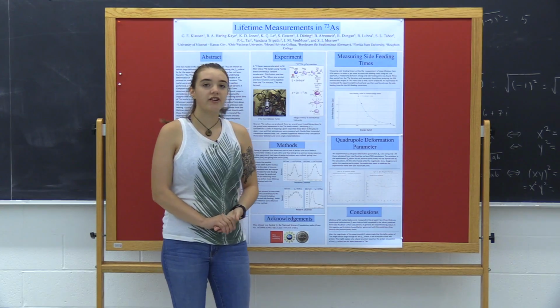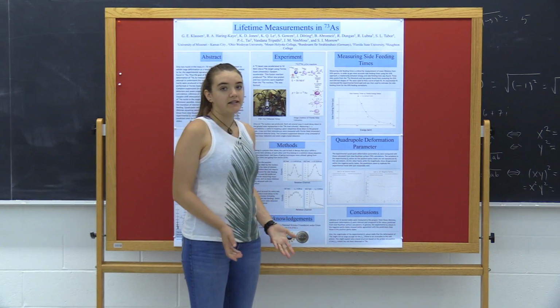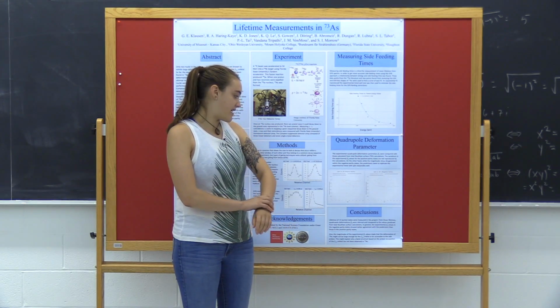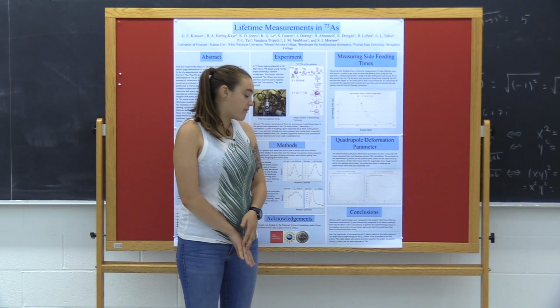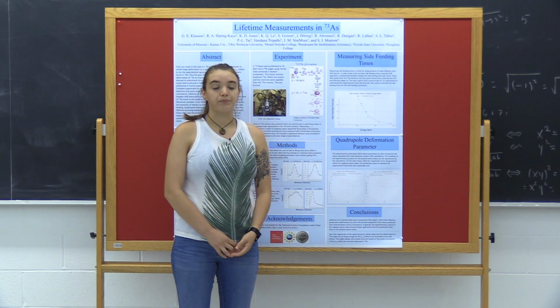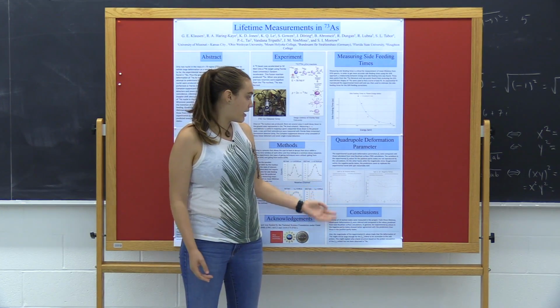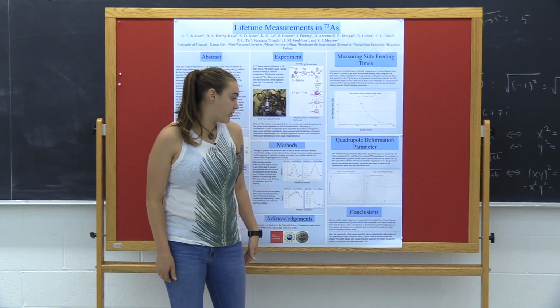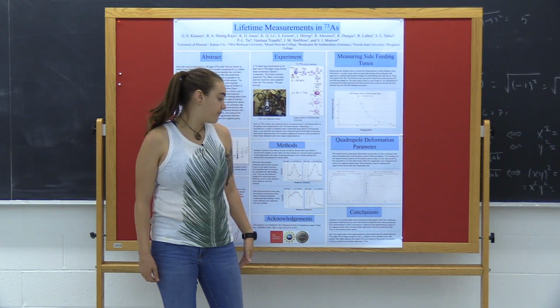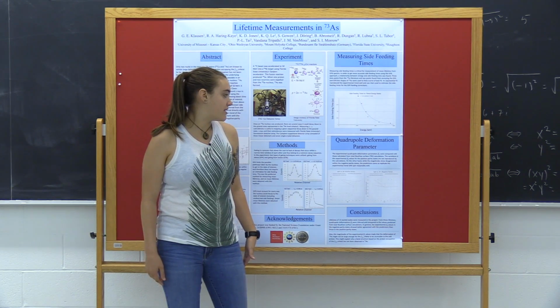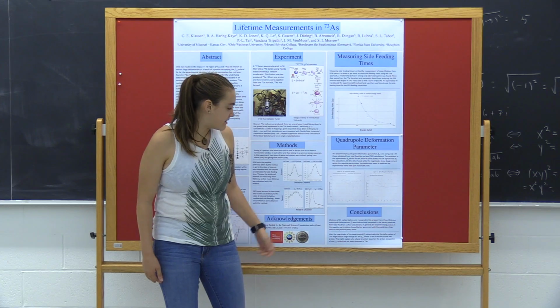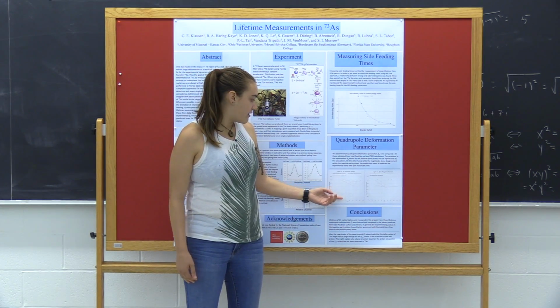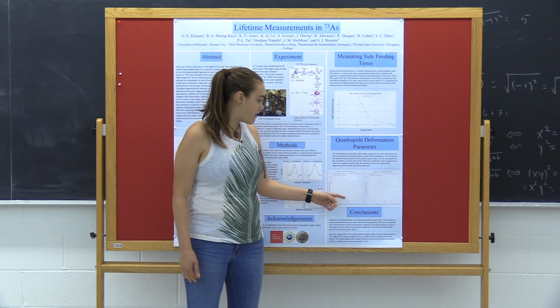So in conclusion, we measured the lifetimes of 14 excited states. From these lifetimes, deformation parameters were inferred and compared to values predicted by the TRS calculations. And from these graphs, we can see that the positive parity does not fit very well.